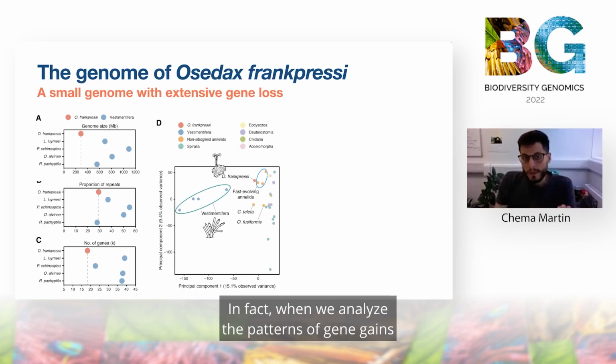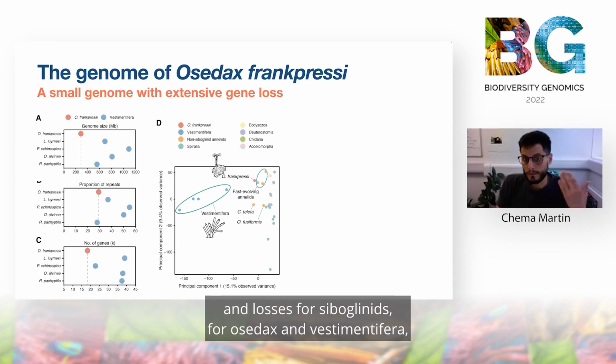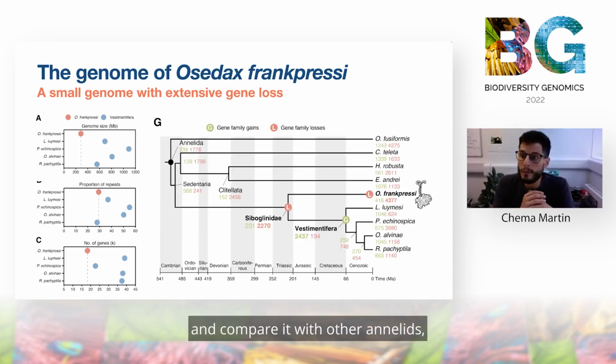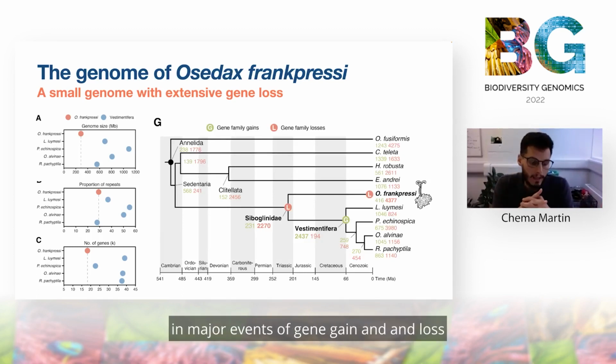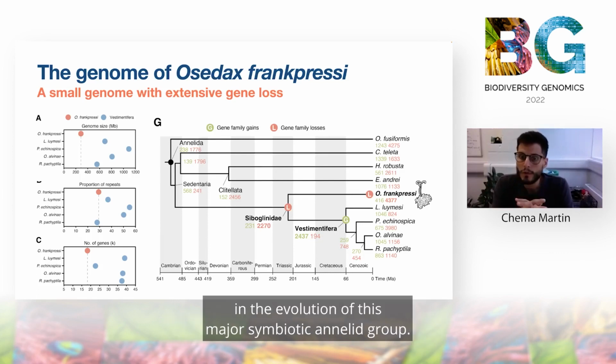In fact, when we analyze the patterns of gene gains and losses for Siboglynids, for Osedax and Vestimentifera, and compare them with other annelids, what we see is that there are 2 or 3 major events of gene gain and loss in the evolution of this major symbiotic annelid group.